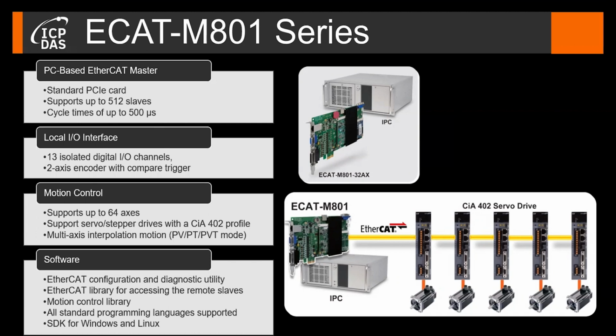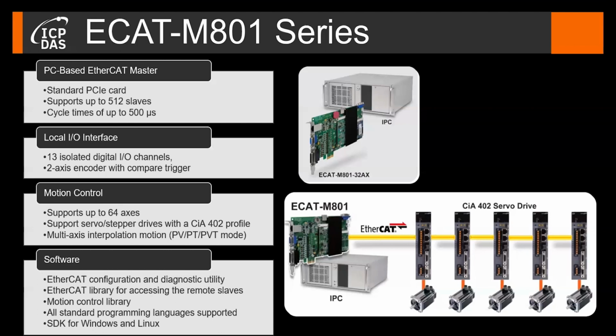Its main features: it achieves a fast cycle time of 0.5 milliseconds. It supports up to 500 slaves in an EtherCAT network. It is deterministic and accurate, and controls up to 64 axes synchronously. The slaves with CiA 402 profiles are automatically detected and configured by the EtherCAT master to simplify the integration.